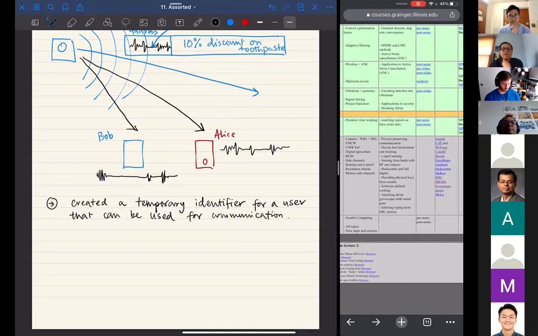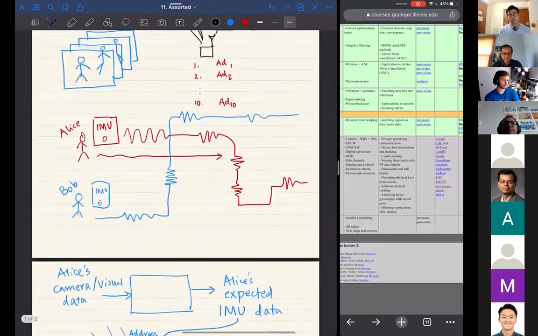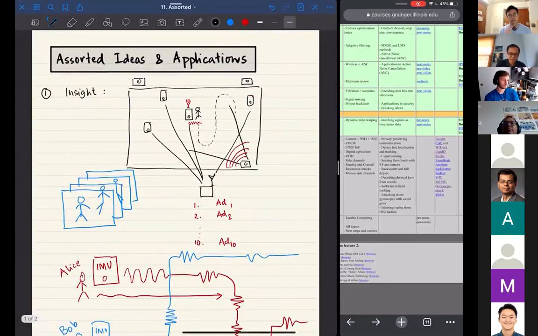At home, I want you to think of potential other applications of this. For instance, can you think of an application where now Alice wants to communicate back, maybe not in the context of a store, but in some other application where the person who has the IMU wants to communicate something back.